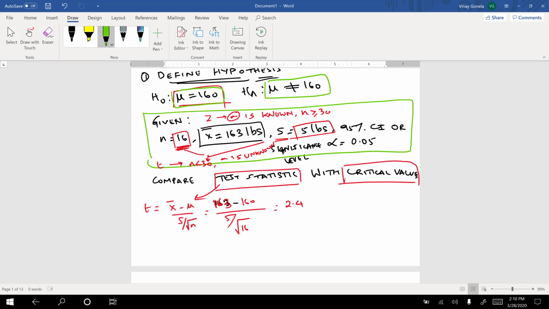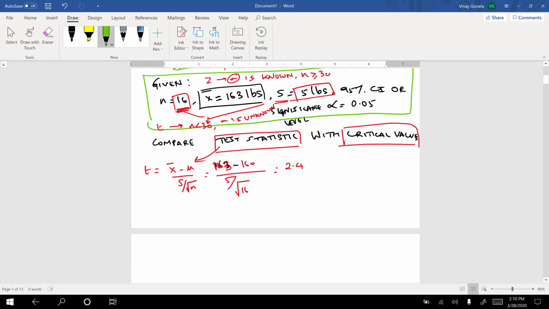What it means is, if it is less than 160, then the president's claim is wrong. If it is more than 160, then the president's claim is wrong. That's the reason why this is a two-tailed problem.